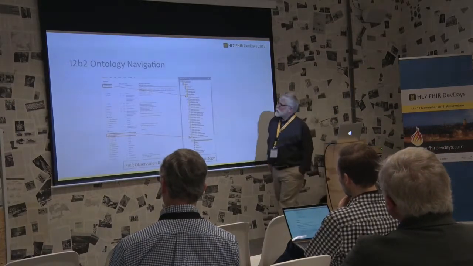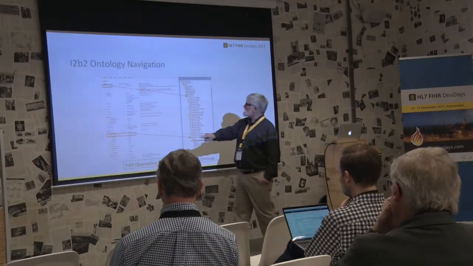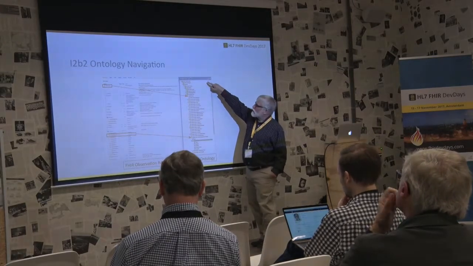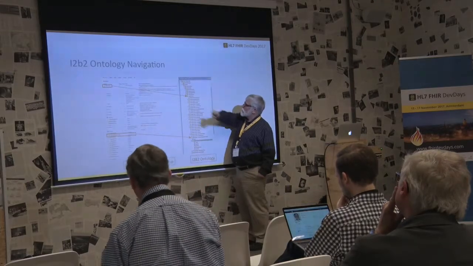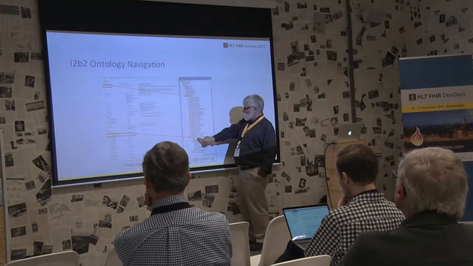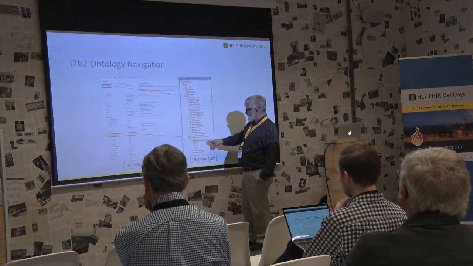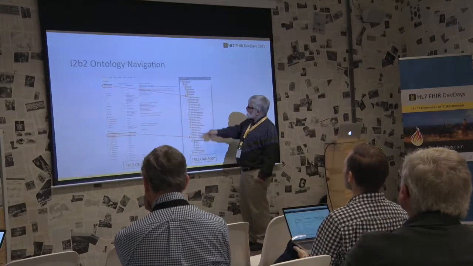So, if you look at, this is the FHIR structure definition for observation, and at the moment, if you're navigating it in our I2B2 thing, you come down under clinical diagnostics, you've got observation, and then here's all the things that are in observation, and way down at the bottom here, I've got codable concept coding, just as an example here.